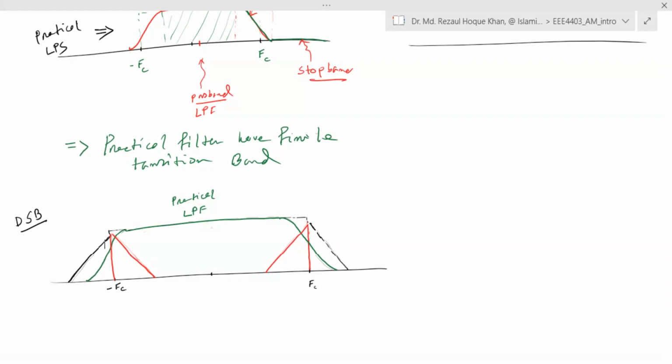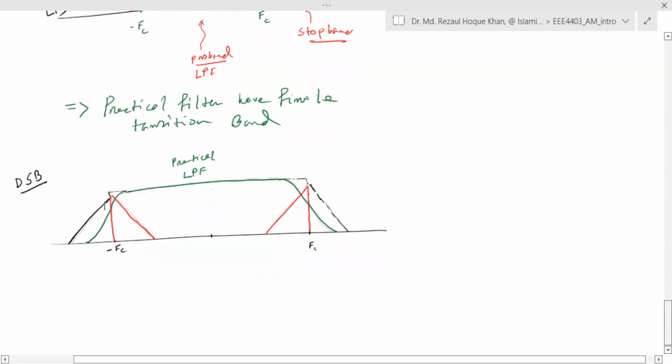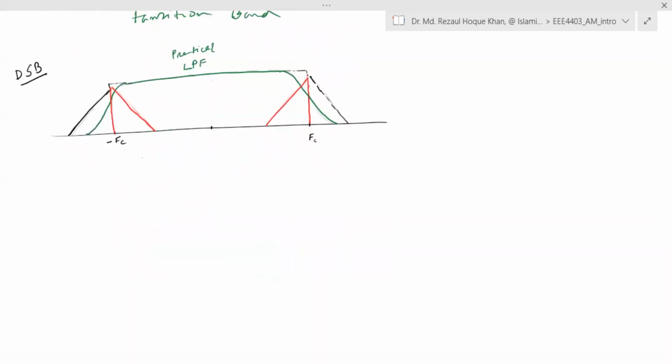Then our filtered output from the low pass filter will look like this.